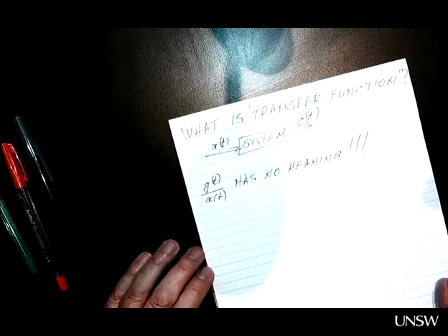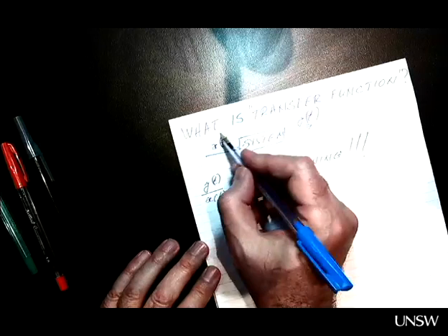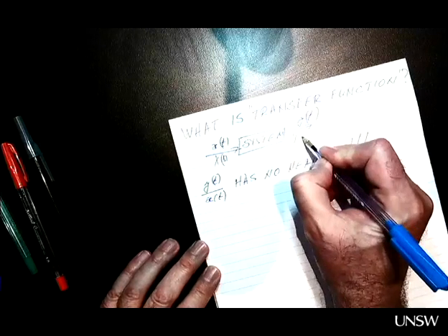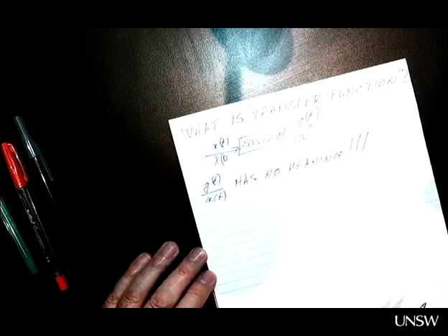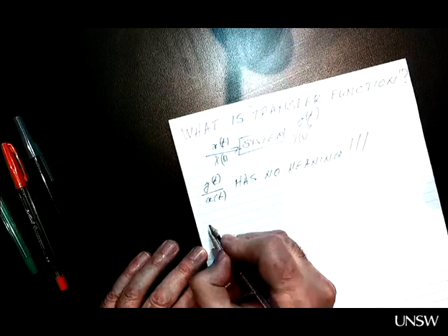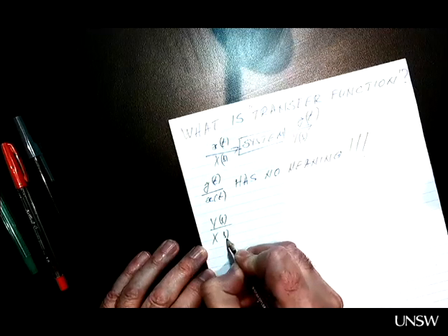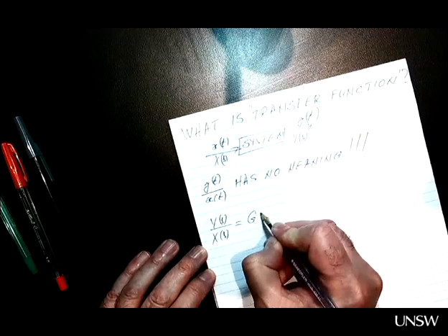But if you find the Laplace transform of x of t, you get X of s. If you find the Laplace transform of y of t, you get Y of s. Then Y of s over X of s, we use capital G for that.